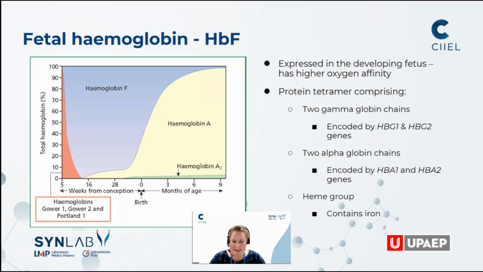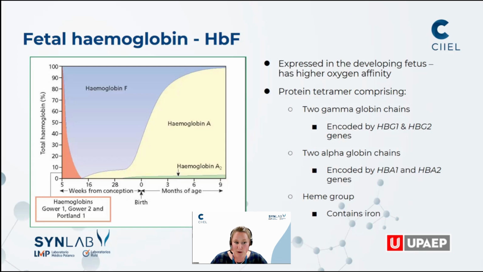So what happens is, during fetal development, the hemoglobin F is expressed, and hemoglobin F has a higher affinity for oxygen than adult hemoglobin, and this is to allow the fetal hemoglobin to absorb oxygen in the placenta, where the oxygen saturation is lower.